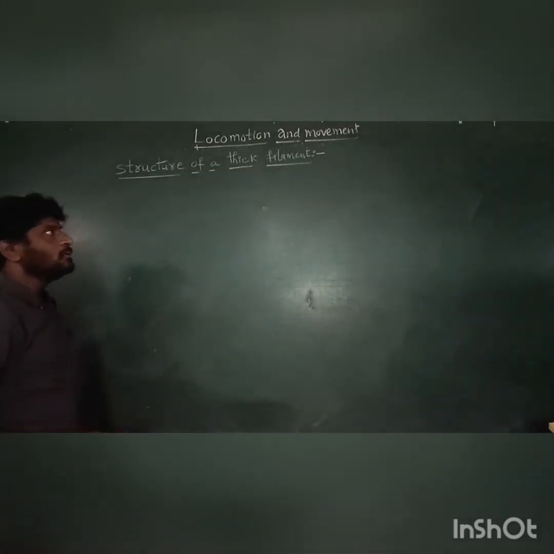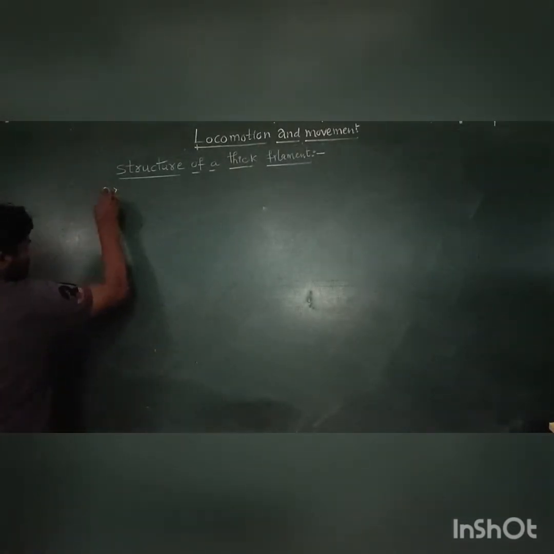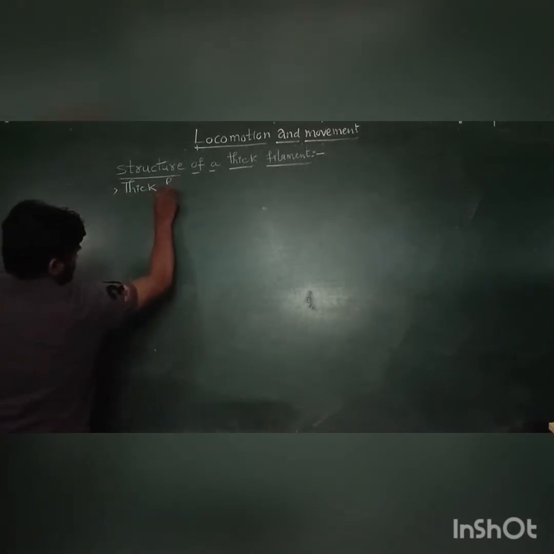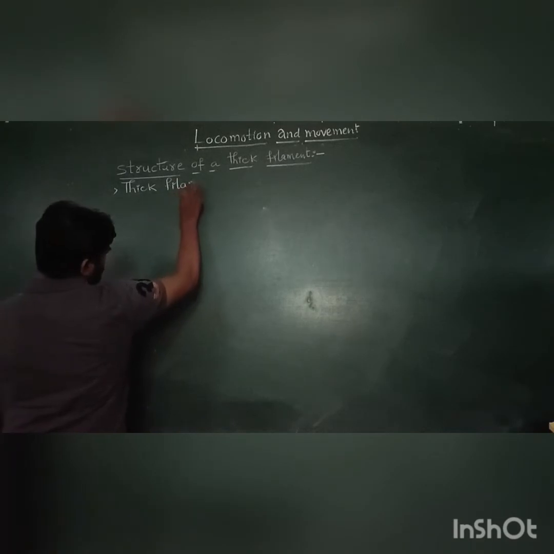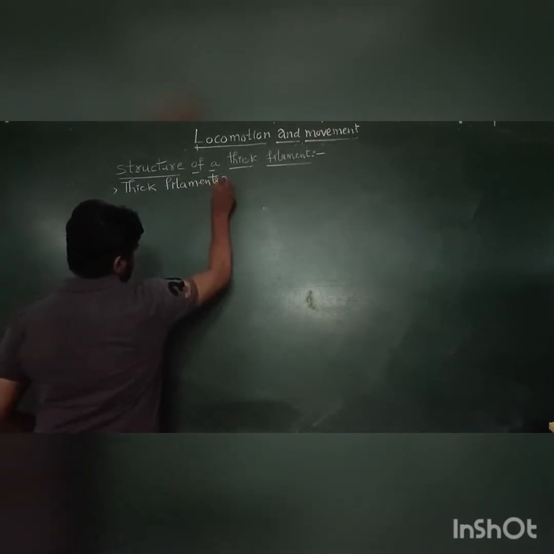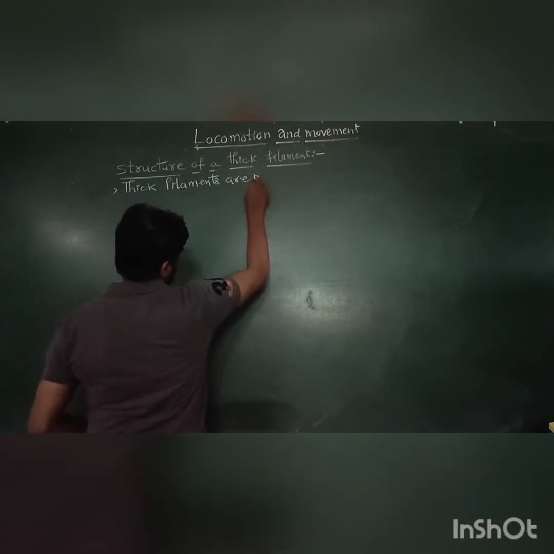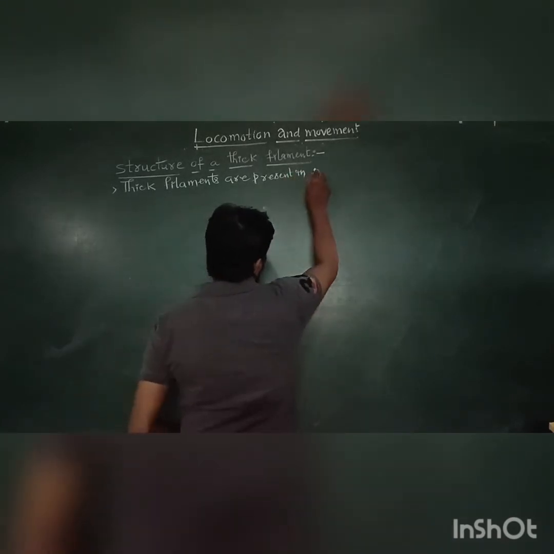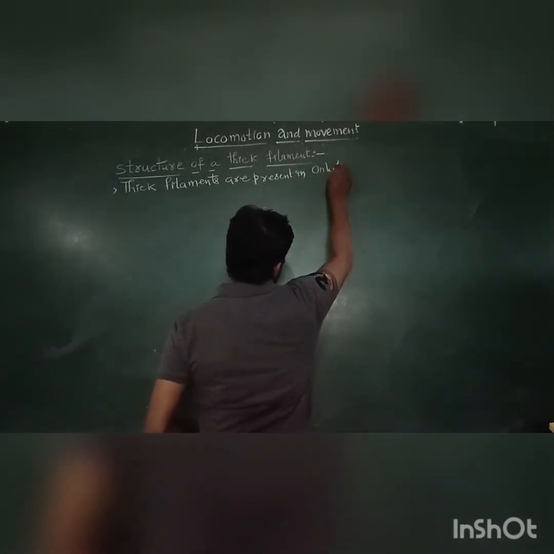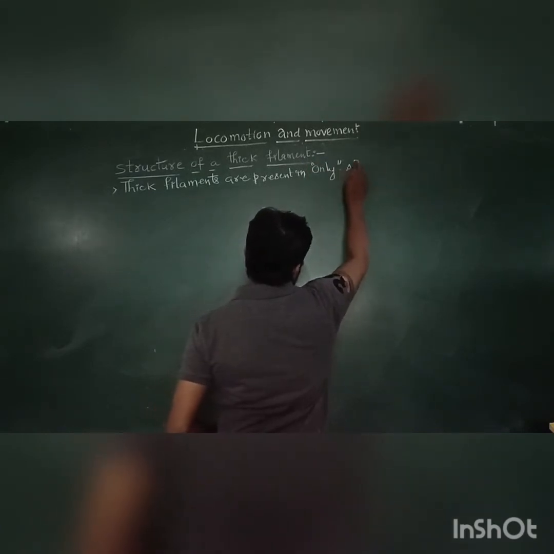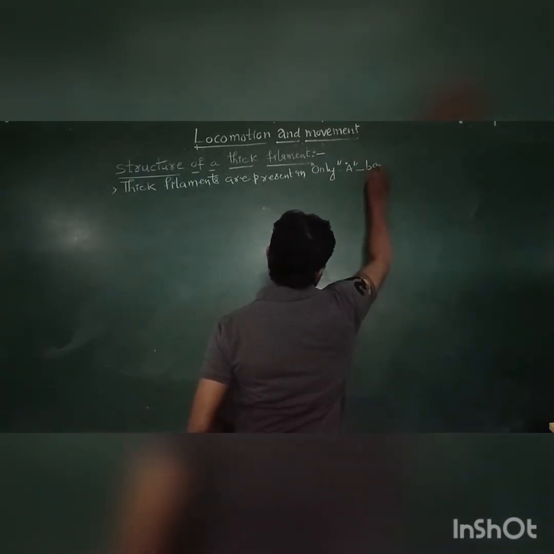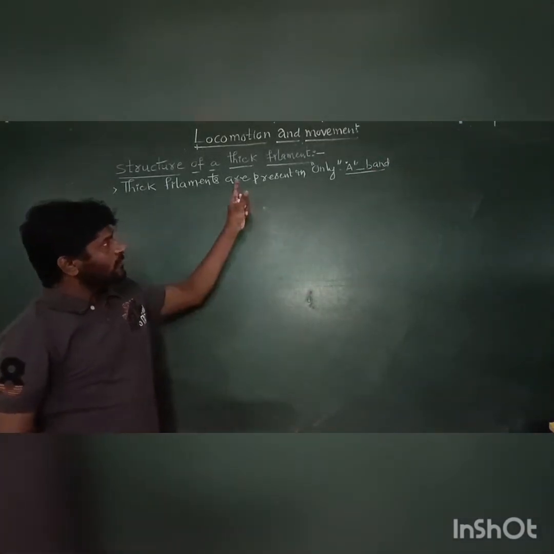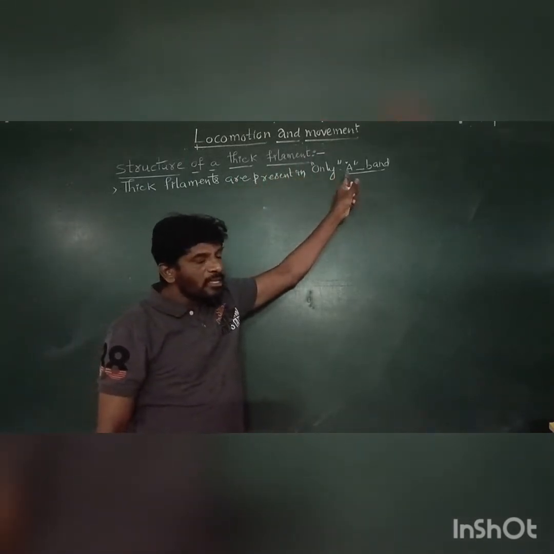As I told you, thick filaments are present only in the A band, the anisotropic band. I repeat, thick filaments are present only in the A band or the anisotropic band.